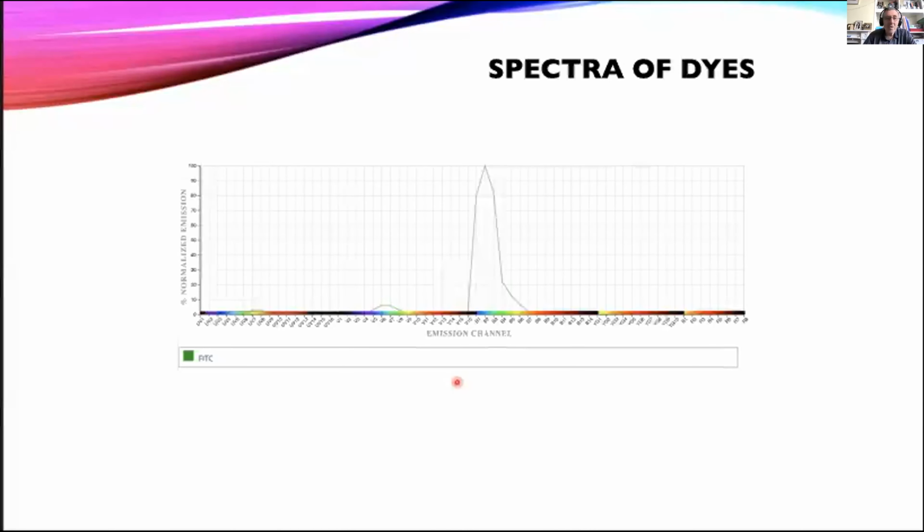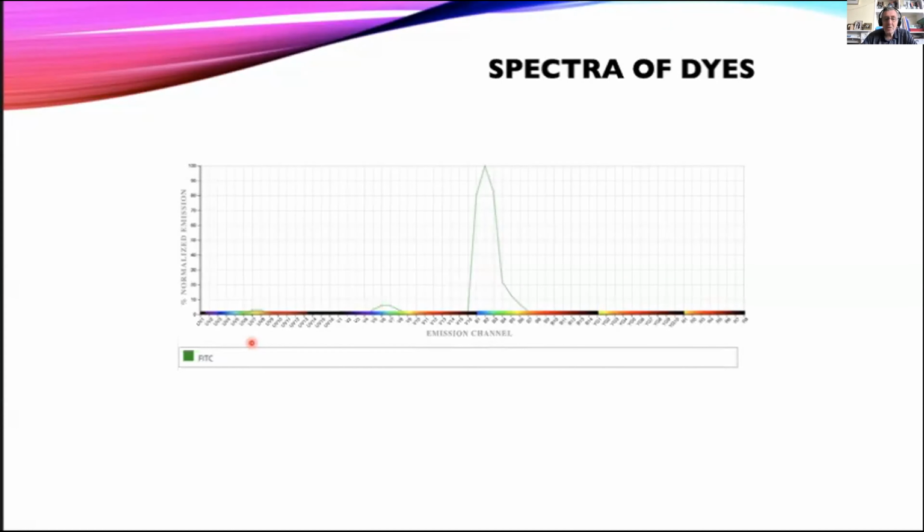Again, this is FITC, and we can see that FITC emits in a sort of green area in the blue detection channels, but we can see that we get some excitation by the violet laser. We get a little bit of excitation even by the UV laser. So this sort of helps us manage expectations, where we expect to see photons from this particular dye.